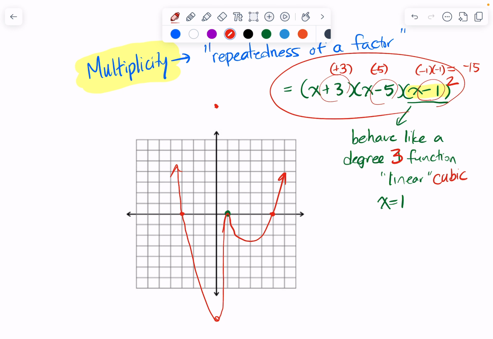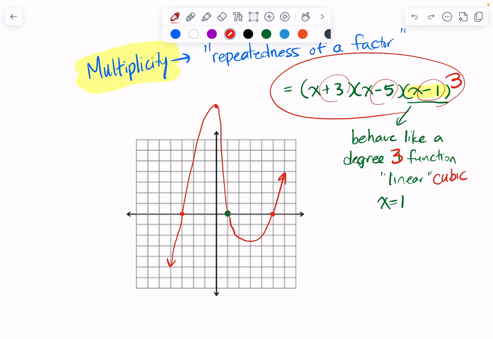Let's go one step further and cube this, like a cubic. So if you do the calculation for the y-intercept, it's 3 times -5 times -1 times -1 times -1 because it's cubed.